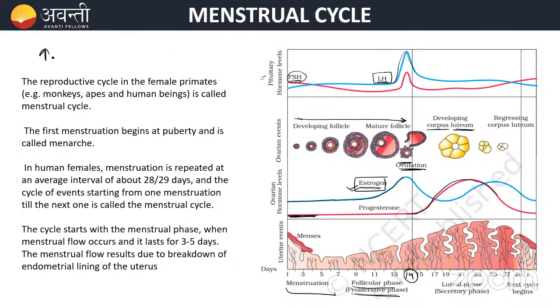So remember this point, the high level of progesterone gives a negative feedback to the anterior pituitary. That means the level of LH and FSH, which are produced by the anterior pituitary, will start decreasing. So you can see the level of FSH and LH start decreasing because there's an increase in progesterone.